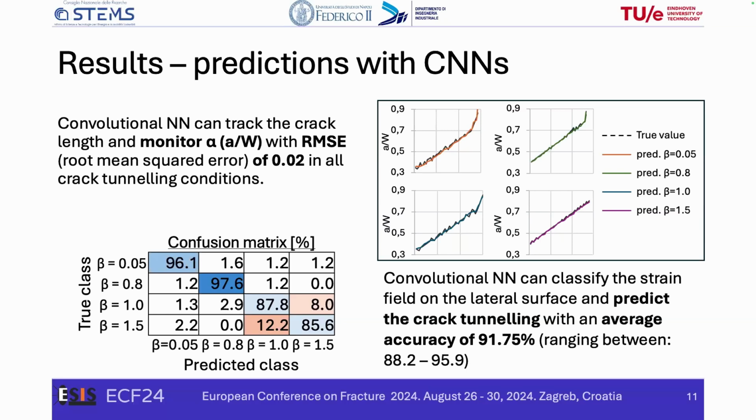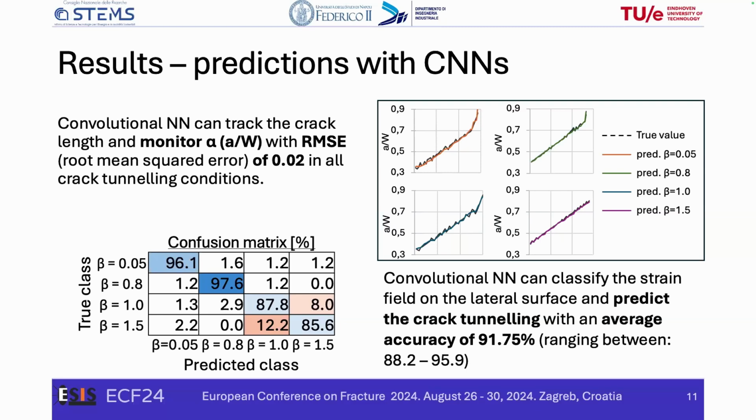In particular, beta equal to 0.05 is basically a straight crack front. Beta equal to 0.8 is a not severe crack tunneling, which is a transition between the cases where a correction factor is needed or not, and beta equal to 1 and 1.5 are more severe conditions of crack tunneling.